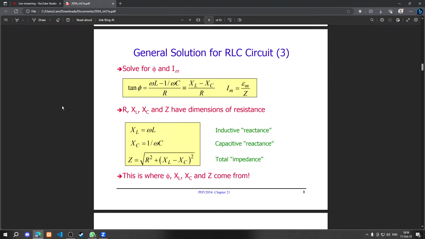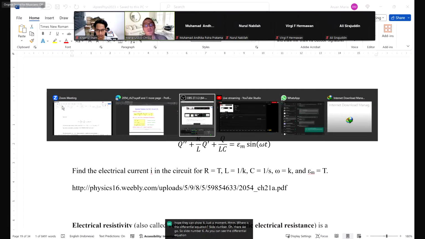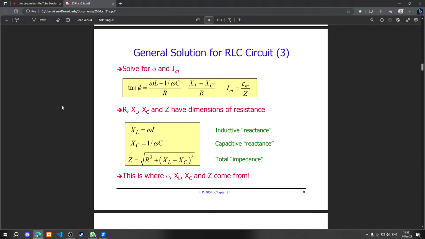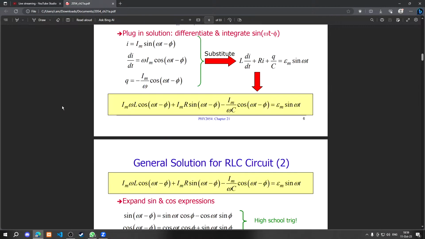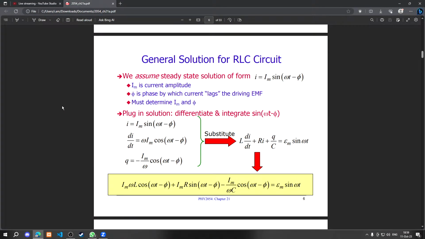So slide number 6. As you can see, the differential equation with respect to I. And I, as we know, is the derivative of charge Q, right? So if we plug charge Q instead of I, it will be the second derivative with respect to charge Q. Yeah? I think they should have written it properly.